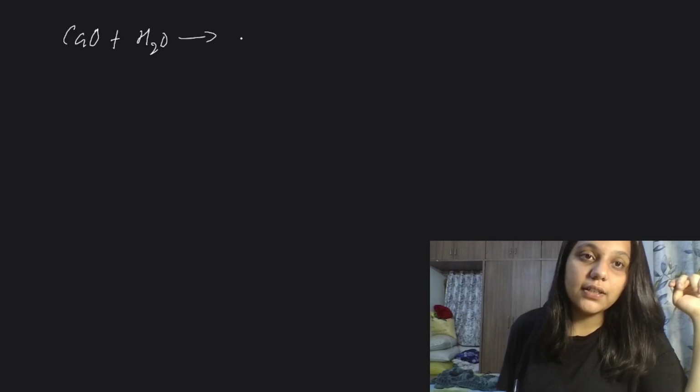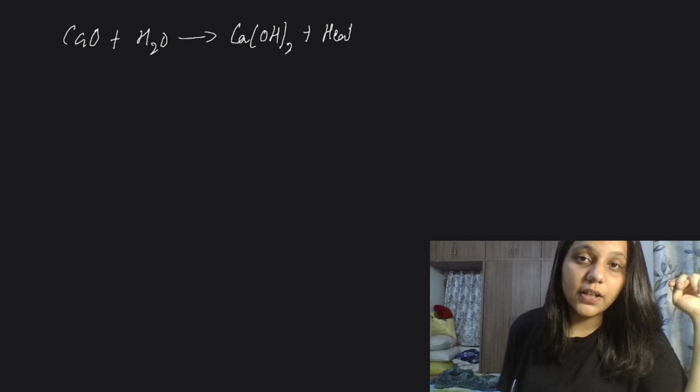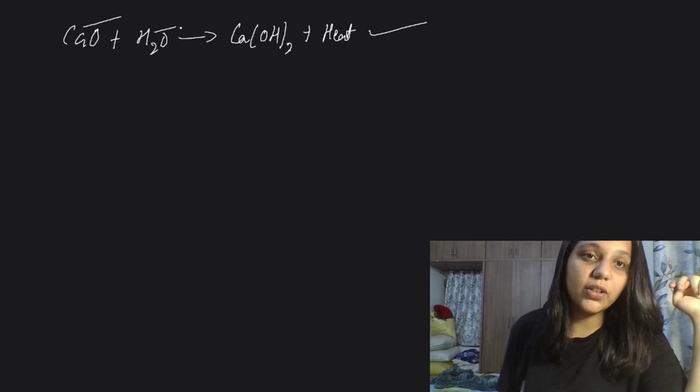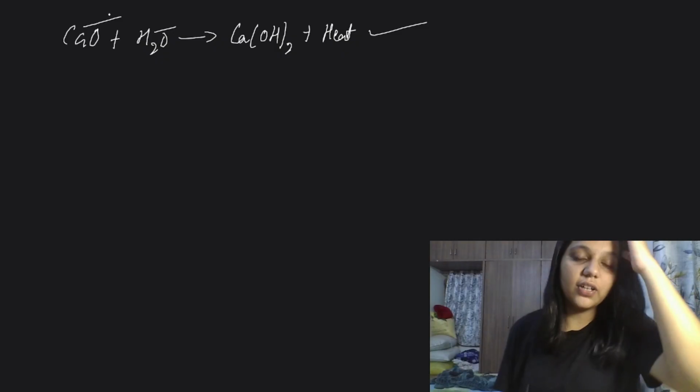In the first reaction, we observed that there is a release of heat: calcium oxide plus water gives calcium hydroxide, and there is a release of heat. So this can be written as an exothermic reaction. You can write that quicklime reacting with water as a heading, okay?